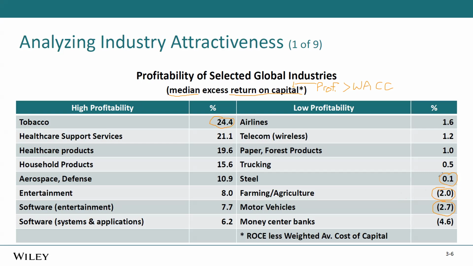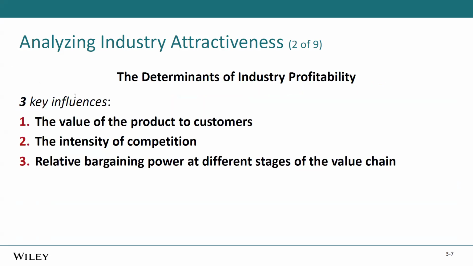And why does this happen? Well, that's one of the reasons we use industry attractiveness. What's the structure of the macro forces and then the industry forces that determine the average profitability of an industry? There are three key influences. First, there's the value of the product to the customers.